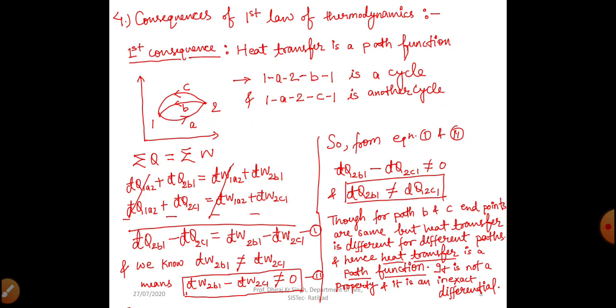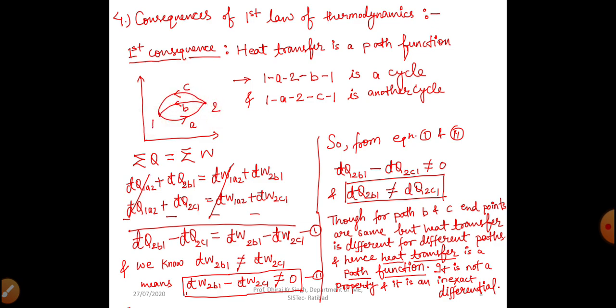How can we write these equations? First we take the summation of heat in a cycle, then the summation of work transfer in a cycle. So for heat transfer we write del Q1A2 plus del Q2B1, and for work we write del W1A2 plus del W2B1, right?